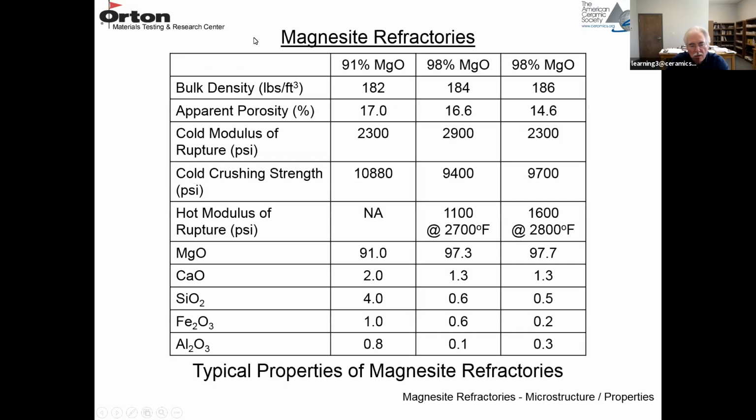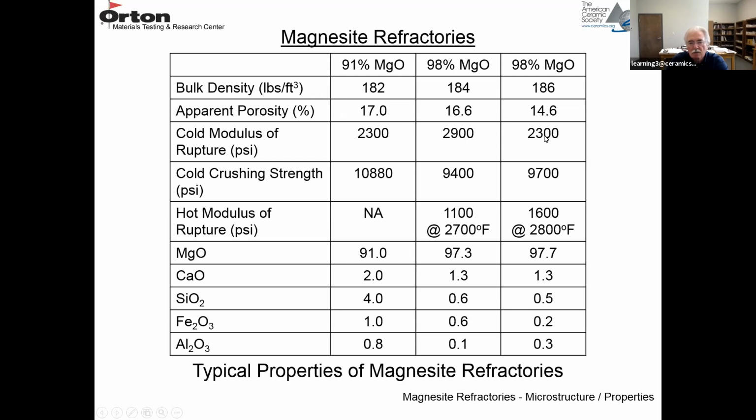These are some MgO refractories. All of these tables that I show are taken from data sheets. A 91% MgO, a 98, and another 98% MgO. The densities are in the 180 plus pounds per cubic foot. Typical porosities all around 15, 16, 17%.